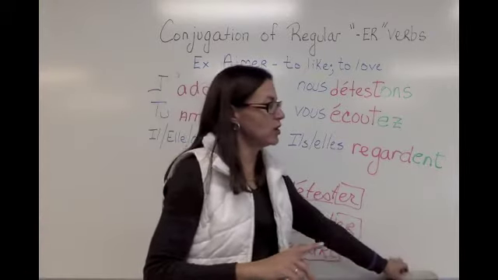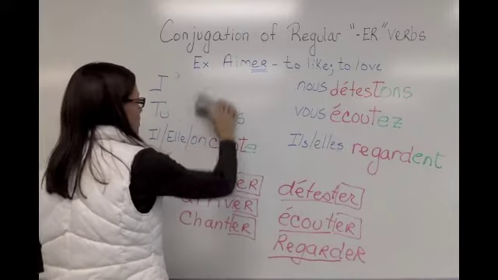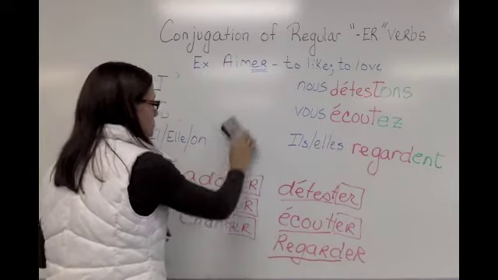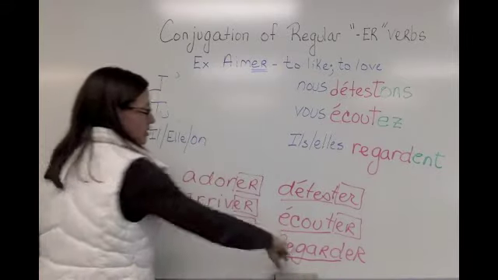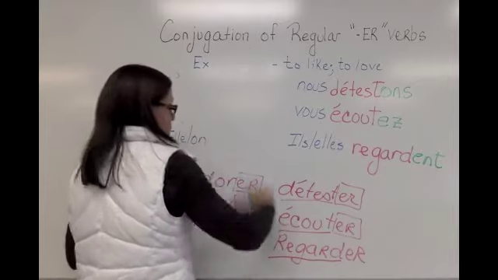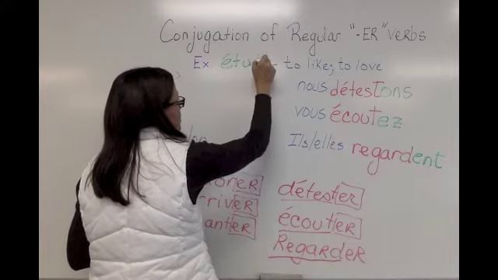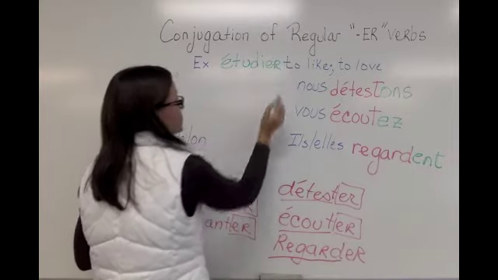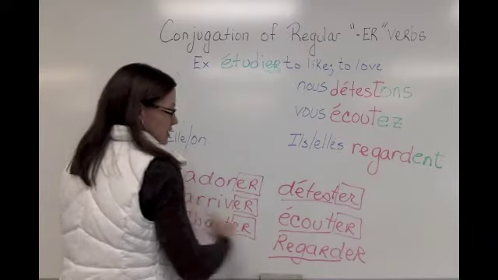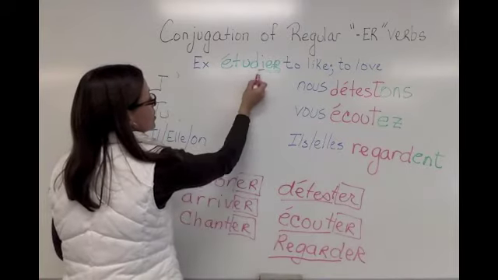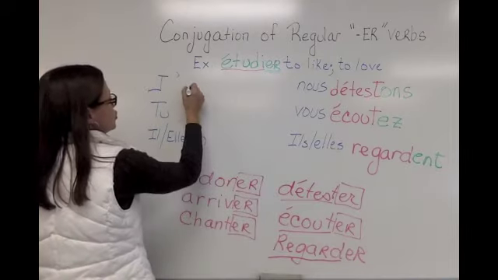There's one more that I want to look at. It's étudier. If you remember, étudier means to study. Okay, let me give it to you up here. Étudier. Here's my ER, okay? Be very careful because my root goes to the I. So let's take the root.